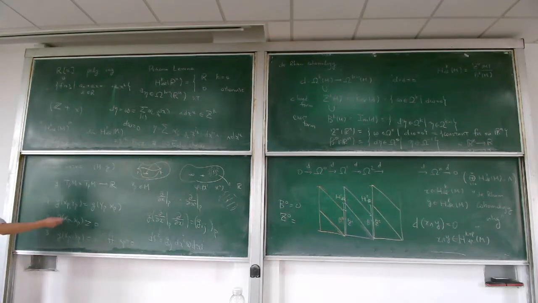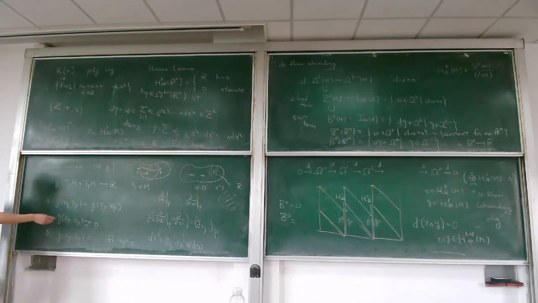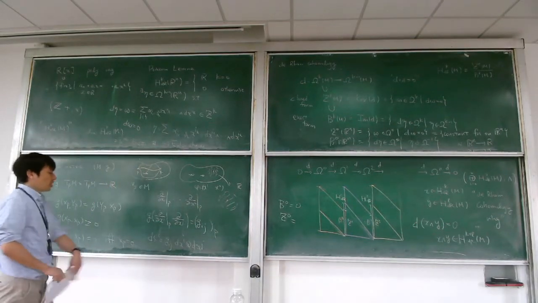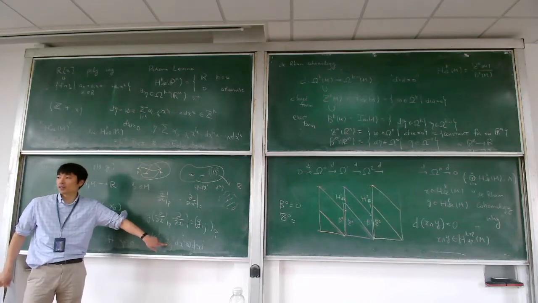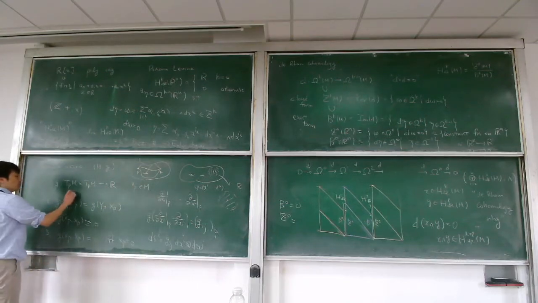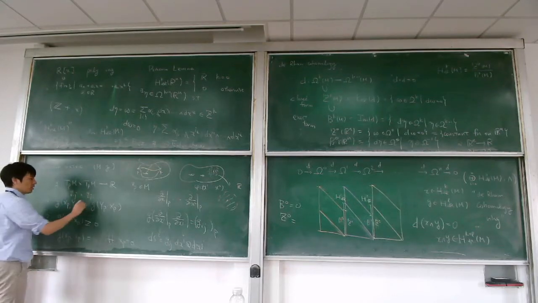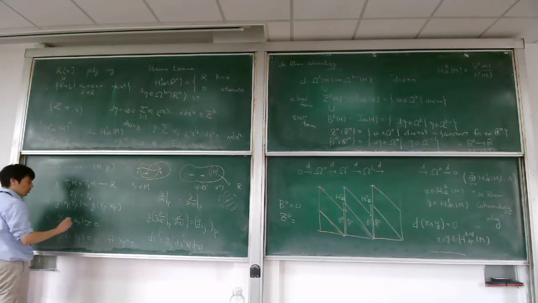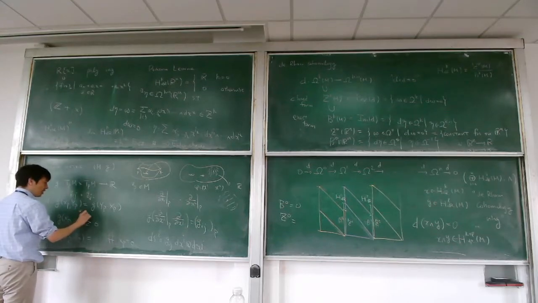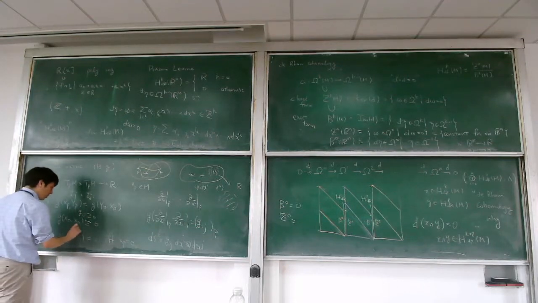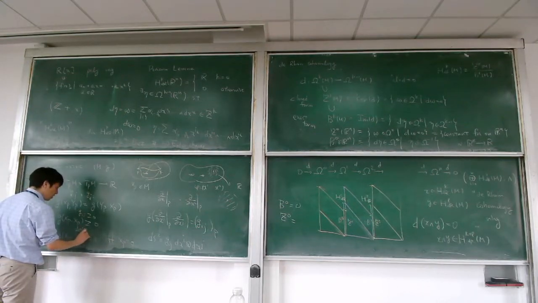So first, in terms of this local coordinate, Gij is just an n by n matrix. The first condition is Gij is equal to Gji. The second condition is Gij is positive definite. And the third condition, the determinant of Gij is non-zero.